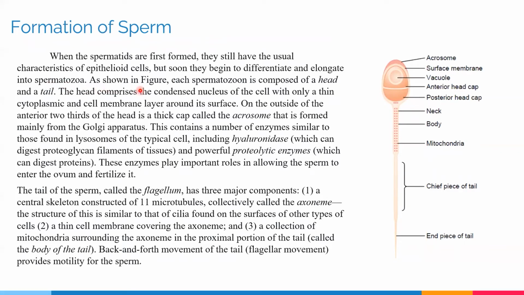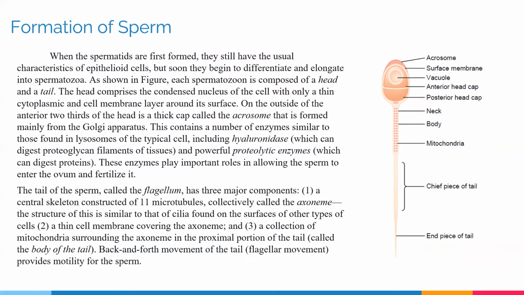As shown in the figure, each spermatozoa is composed of a head and a tail. The head comprises the condensed nucleus of the cell with only a thin cytoplasmic and cell membrane layer around its surface.